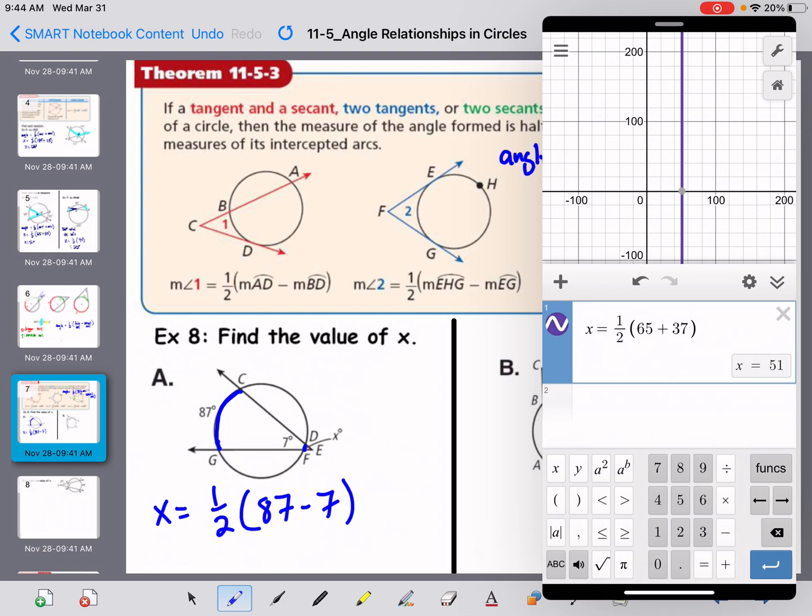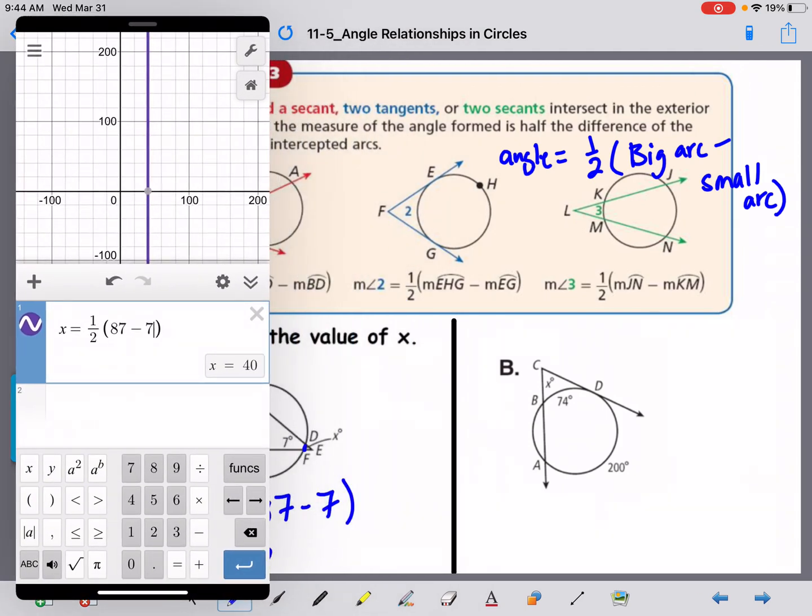So 1/2, we're going to alter this just a little bit. We're going to say 87 subtract 7. So X is 40. All right, big subtract small. Over here, it's outside.